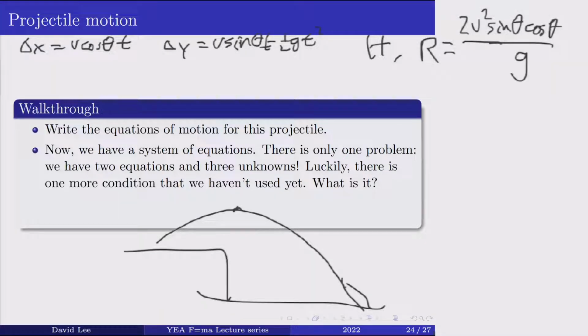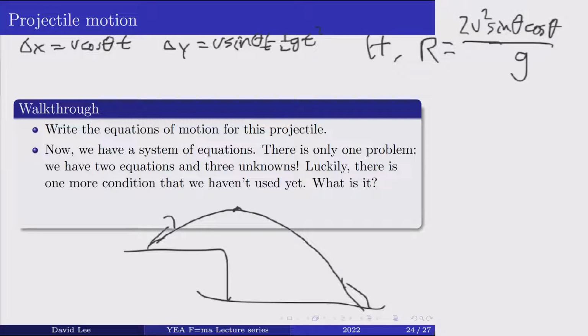All right, yeah, some people are telling me, yeah, so basically the idea here is that we want the velocity in the y direction to be equal to 0. And why is this? Well, let's look at the velocity for a second.